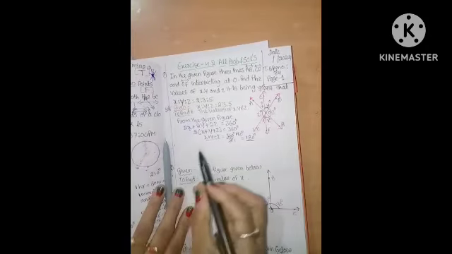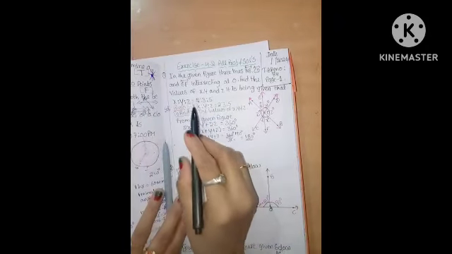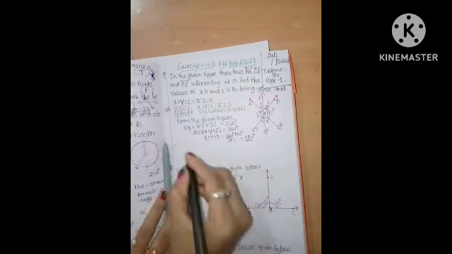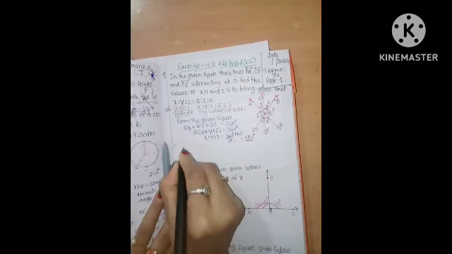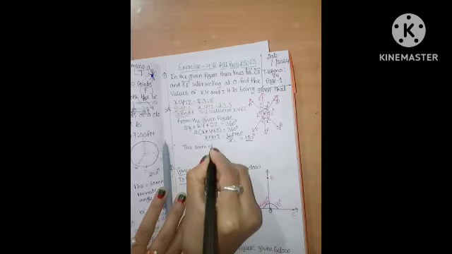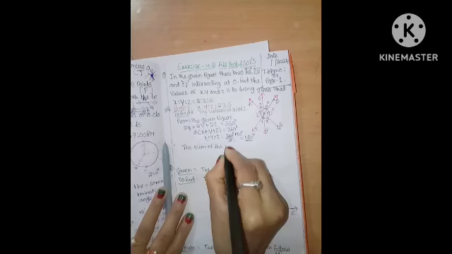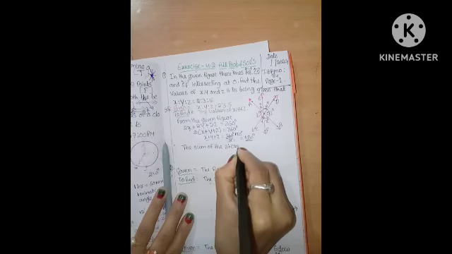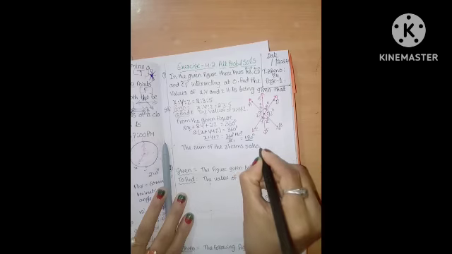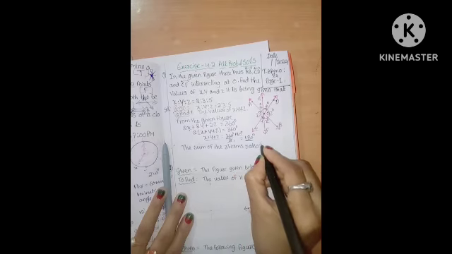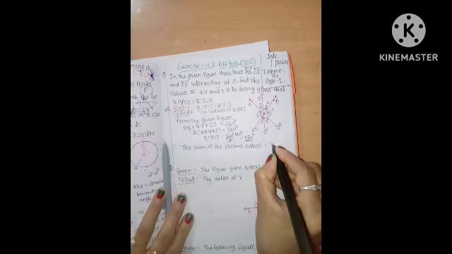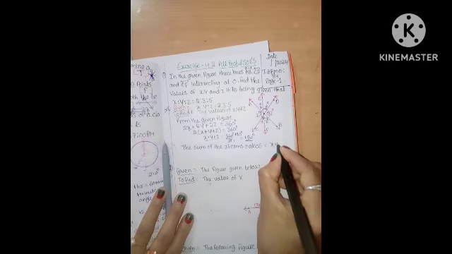Okay. Next, the ratios are given. The ratio of x, y, z is given as 2:3:5. So the sum of the 3 terms of the ratios is equal to x plus y plus z.